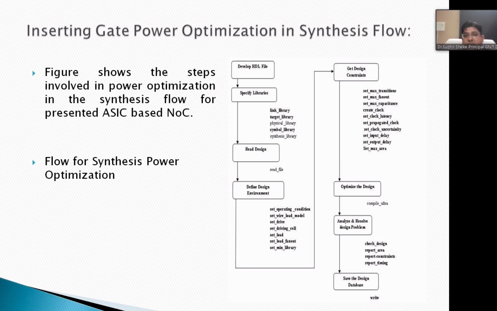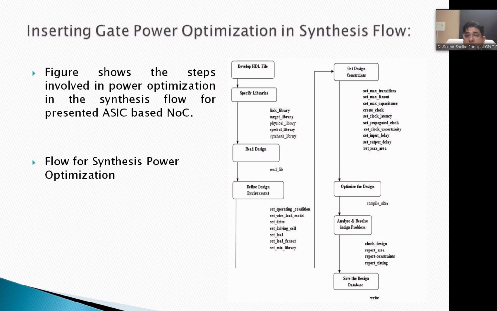So the further step is to optimize the design, using the compile ultra command. Then analyze and resolve the design problems with commands like check design and report area. That means checking whether whatever design has been input is available at that level. Report area tells what the area requirement is at the layout level.